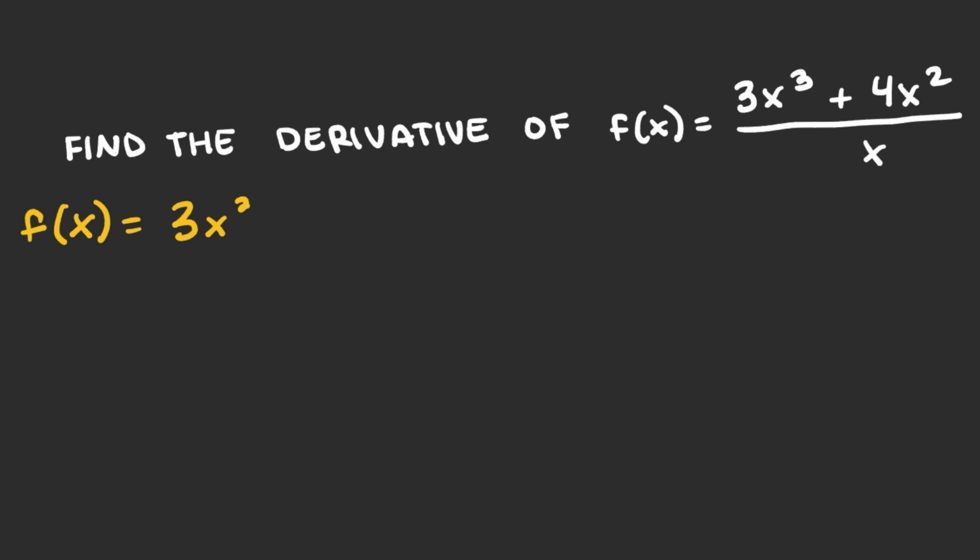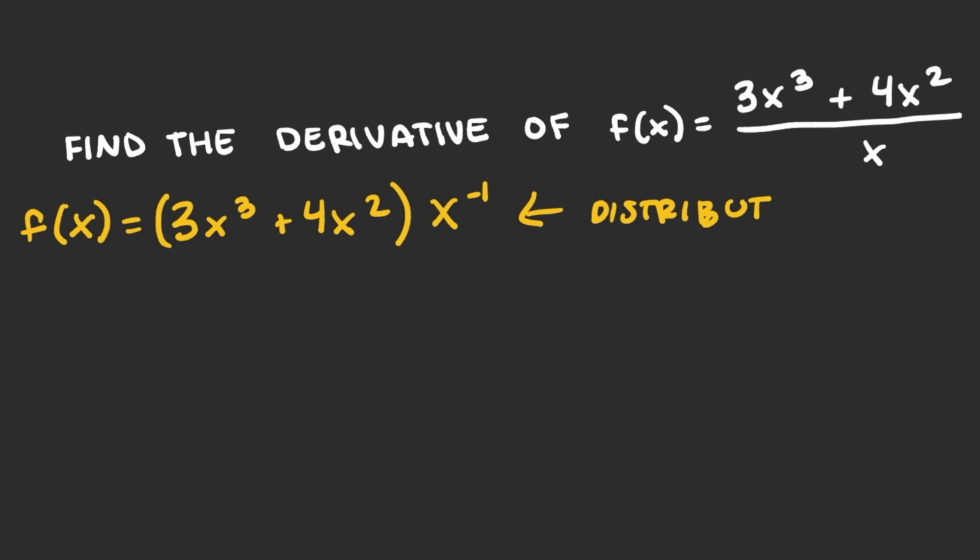And we're just going to go ahead and distribute the x to the power of negative 1. And that would give us f of x, so 3x cubed times x to the power of negative 1 would be 3x squared. And then 4x squared times x to the power of negative 1 would just give us 4x.